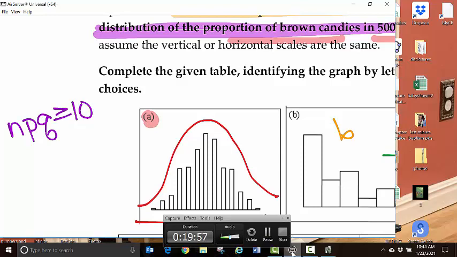They didn't tell us the proportion of brown that they got in the sample, but their N was so big, it's going to happen. As N gets really big, these two don't matter that much, and it's going to get over 10. So the minute they had a really big sample size for a proportion, I knew that this was going to have to be the normal one. Okay?